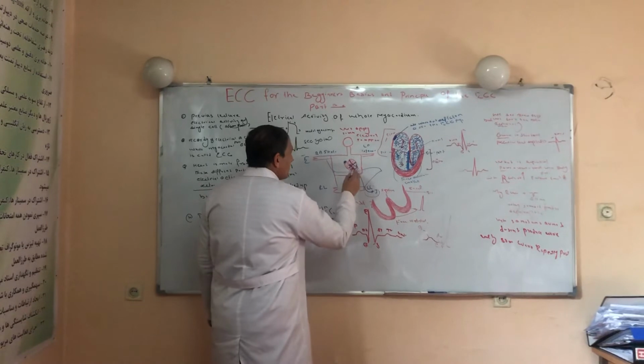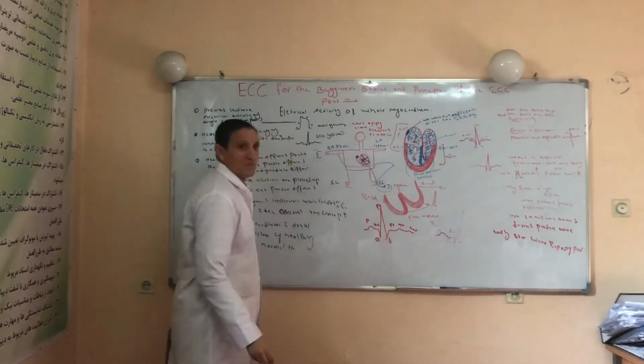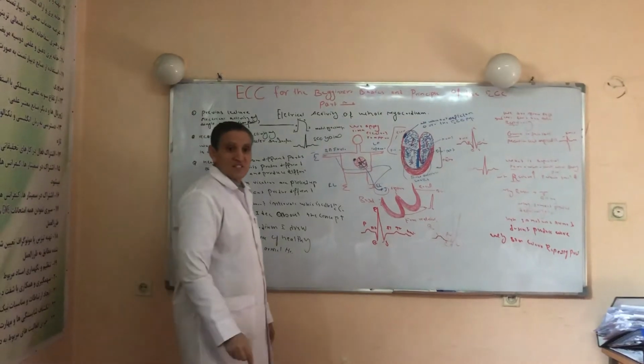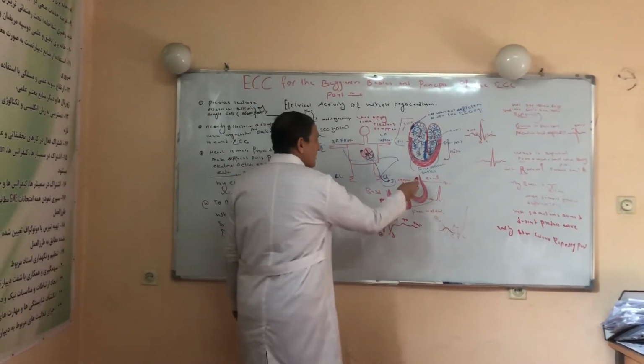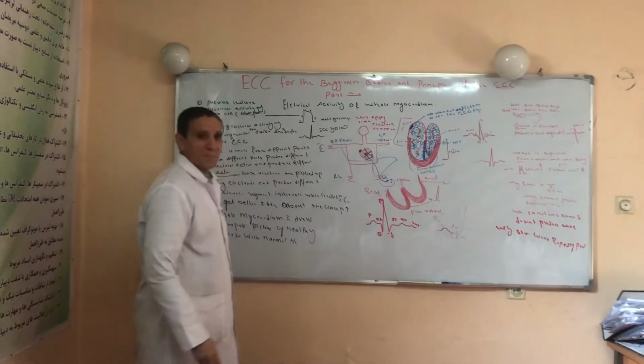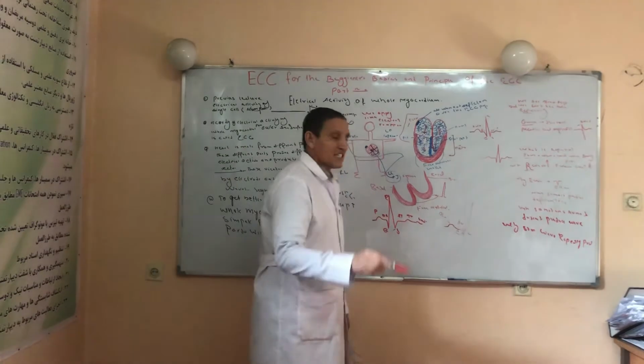When the electrical impulse reaches the left bundle branch, remember, the heart is made of three parts: the septum, the free ventricular wall, and the basal part. So ventricular depolarization also occurs in three stages.